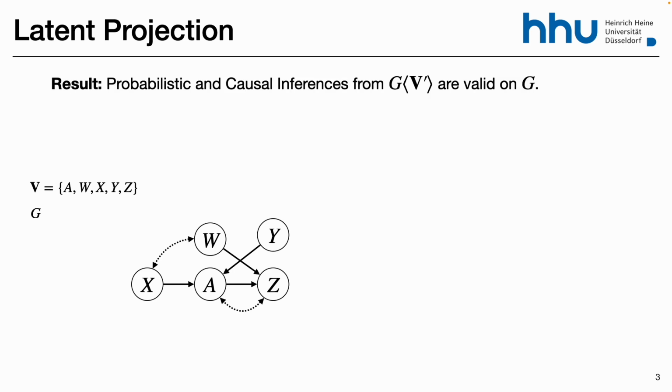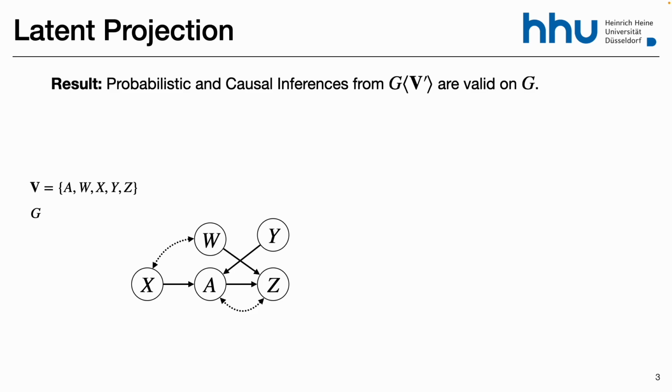So that's the result. The result is that anything that you derive from the projection is valid on G. It's because it's weaker, right? So if you can get any result from G over V prime, this result is going to be true on G, and it's going to be true on the true model as well.